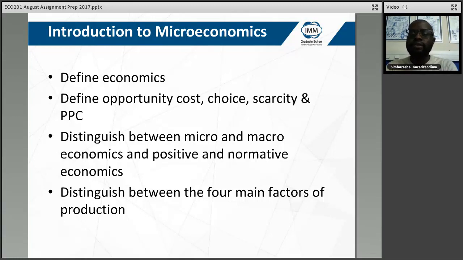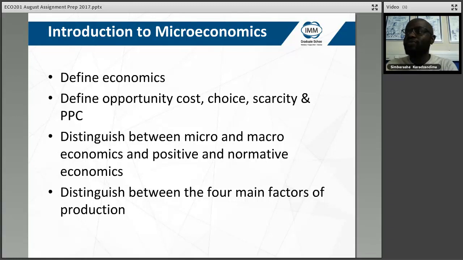Scarcity happens at an individual level, at household level, and at national level. At individual level, there are a lot of things that you want to do, but you might find that your income does not allow you to do everything that you want. It does not allow you to buy all the goods and services that you want.